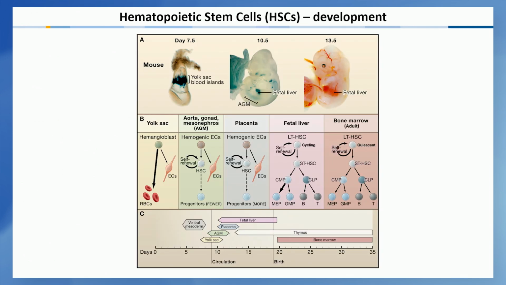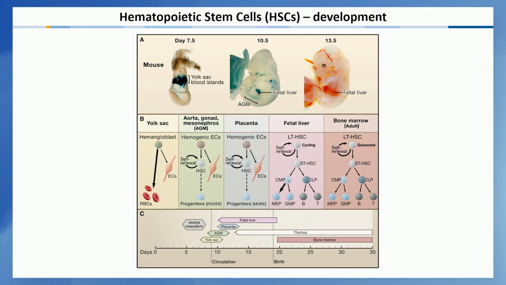So the development of hematopoietic stem cells, or of the hematopoietic system, starts in the yolk sac. In the mouse, that's at day 7. The development is very similar in humans and all the mammals. But these yolk sac, so-called blood islands, don't produce all types of blood cells. They are not adult type blood cells, but they produce primitive oxygen carriers and also endothelial cells to a certain extent.